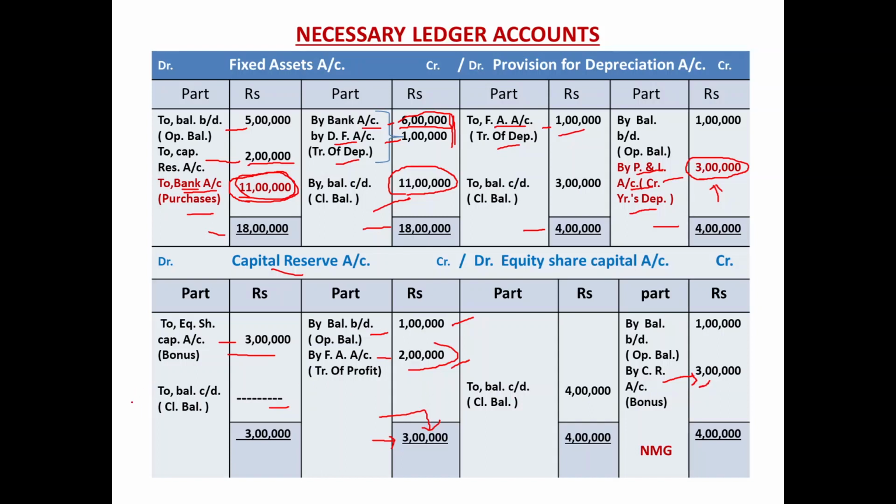Capital reserve account, 3 lakhs, 3 lakhs, nothing is there, no closing balance; the entire balance was utilized for issuing bonus shares to equity shareholders. Let us close the equity share capital account. Now nothing is left. Opening balance 1 lakh. Bonus got 3 lakhs from capital reserve. 4 lakhs. Debit side also 4 lakhs. Closing balance 4 lakhs. So no balancing figure.